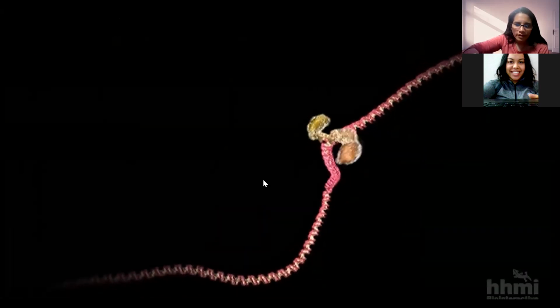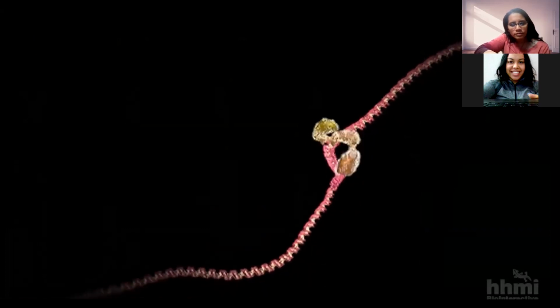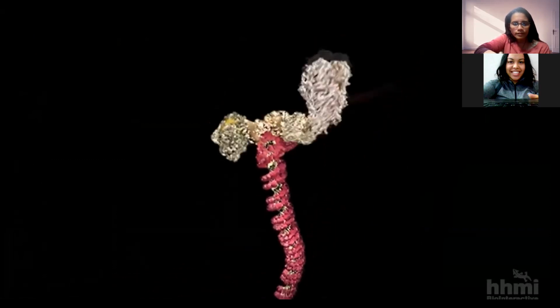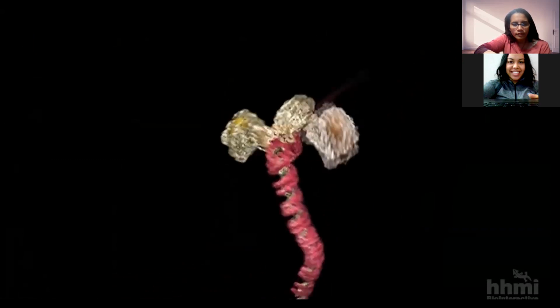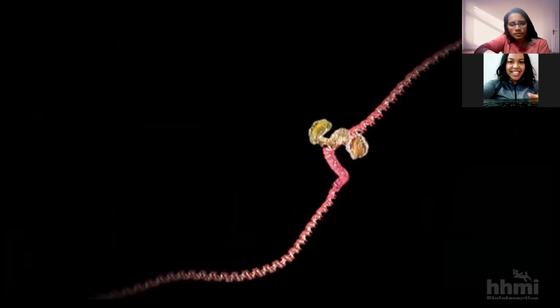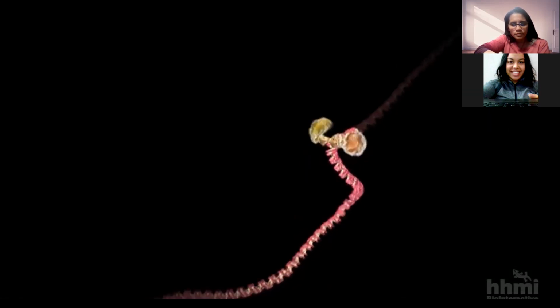The central dogma of molecular biology: DNA makes RNA, makes protein. Here the process begins. Transcription factors assemble at a specific promoter region along the DNA. The length of DNA following the promoter is a gene, and it contains the recipe for a protein.